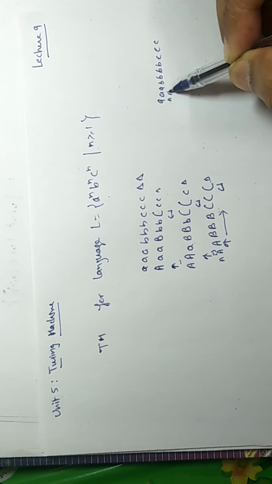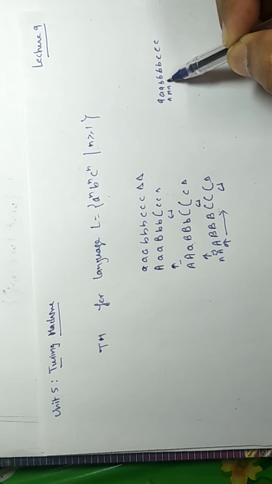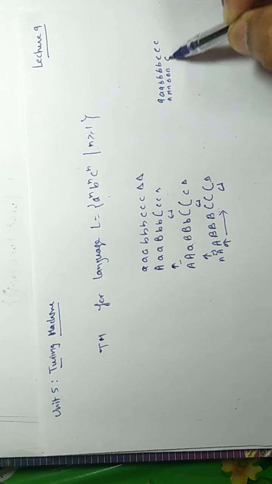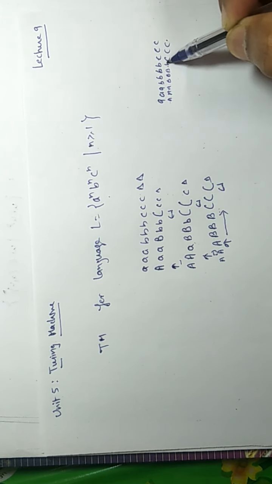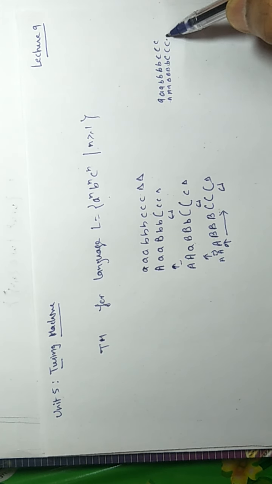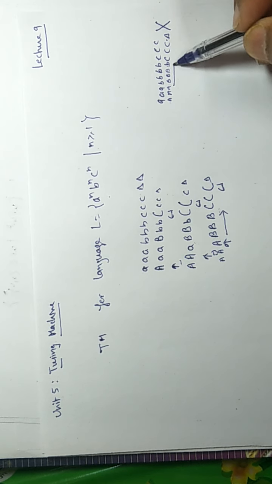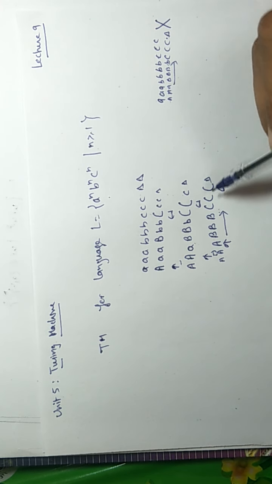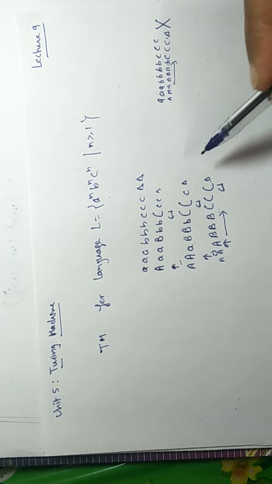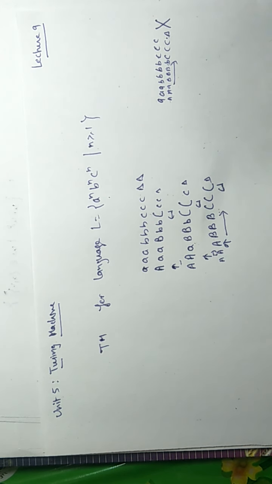So we convert them, and we are left with some small b, so this should be rejected. So we must check all b's here, and in a similar way we have to check all capital C's also to ensure that the count of A, B and C are the same.